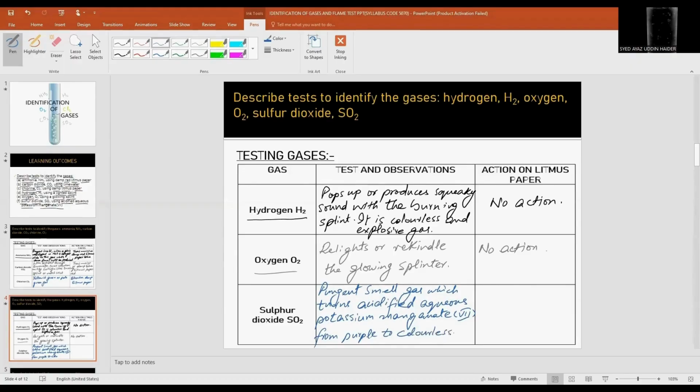It's an acidic oxide, so it turns moist, damp blue litmus paper to red due to the production of H positive ion in water.